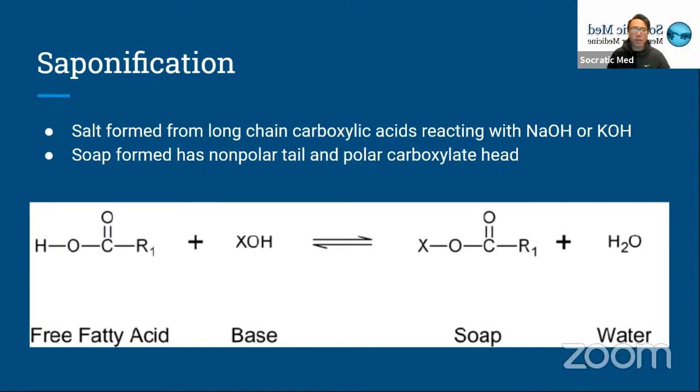So we take a long chain carboxylic acid and react it with a base, and you form this soap molecule and also water as a side product. The soap that's formed has a long non-polar tail and a polar carboxylate head group. As you can see on the bottom, this is the reaction that involves a fatty acid and a base, and it forms a soap molecule.